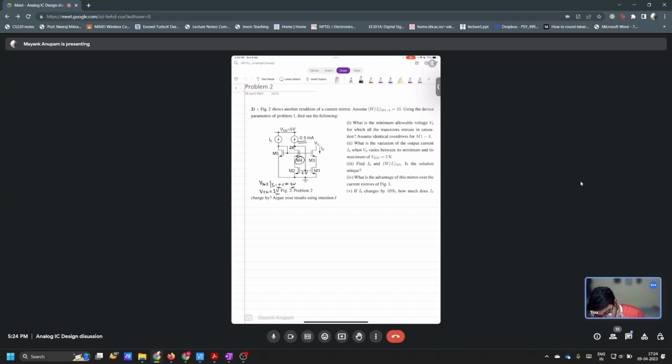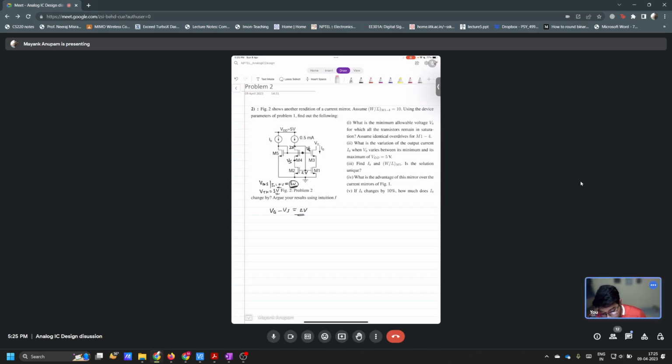There should be some voltage between gate and source, and only then can 0.5 milliamps flow. This VGS has to be equal to 2 volts to support this current. Let's call the gate voltage Vg and the source voltage Vs. Clearly Vg minus Vs has to be equal to 2 volts for 0.5 milliamps to flow through M4.